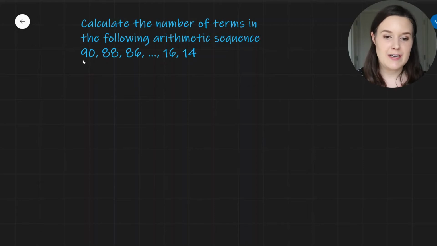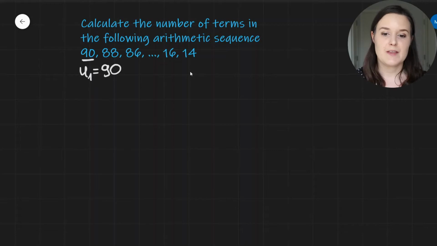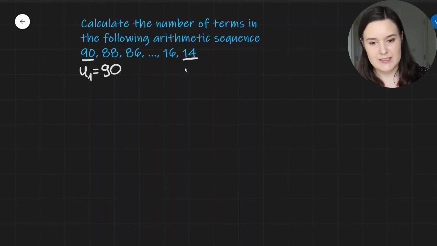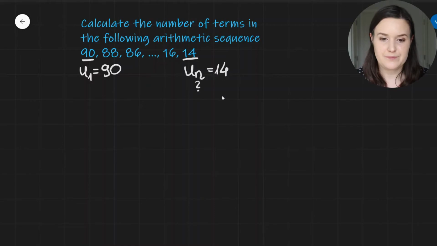So what do we have? I have the first term. The first term is 90. We have the last term in this sequence, but I don't know which one it is, and it's unknown, but I know it's 14. So basically I just want to find out how many times I jumped from 90 to 14 in this sequence.